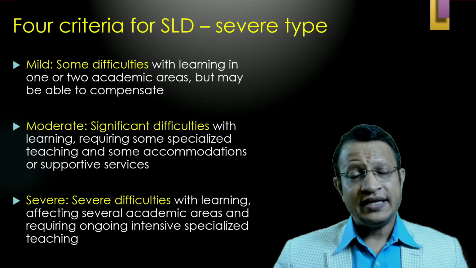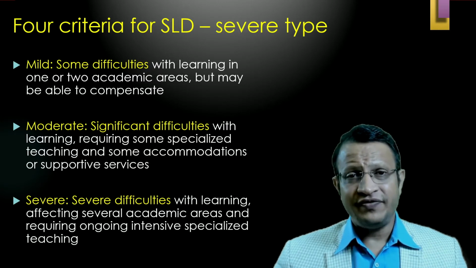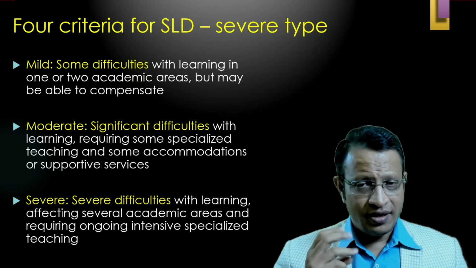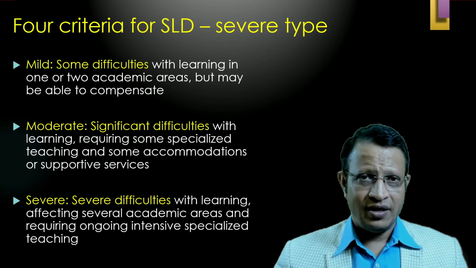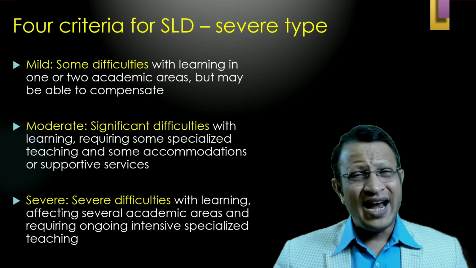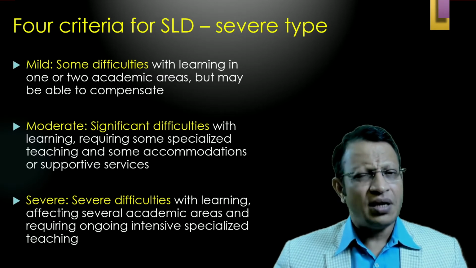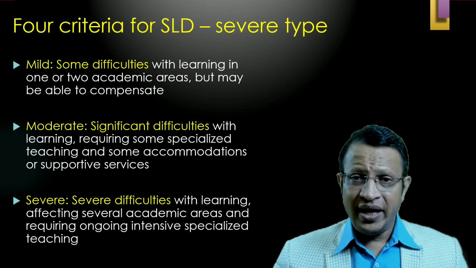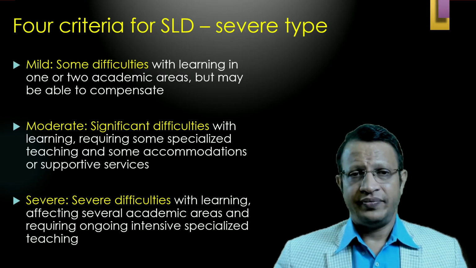Further, DSM-5 also specifies the severity. Severity has been specified into three: mild, moderate, and severe. Mild means the child has some difficulties with learning in one or two academic areas, but may be able to compensate.